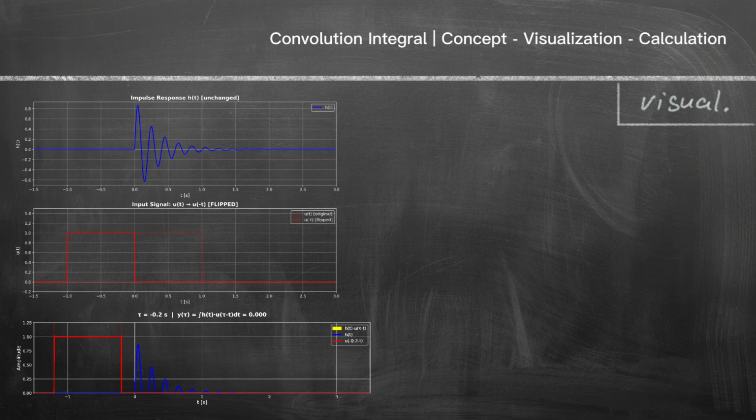Of course, the full signal of h is considered. Take your time to understand this. This is the essence of convolution. In the next step, I will show you, step by step, how the output signal y is obtained through the convolution.